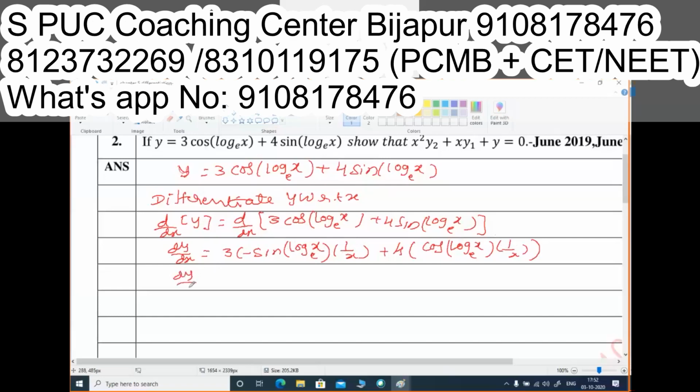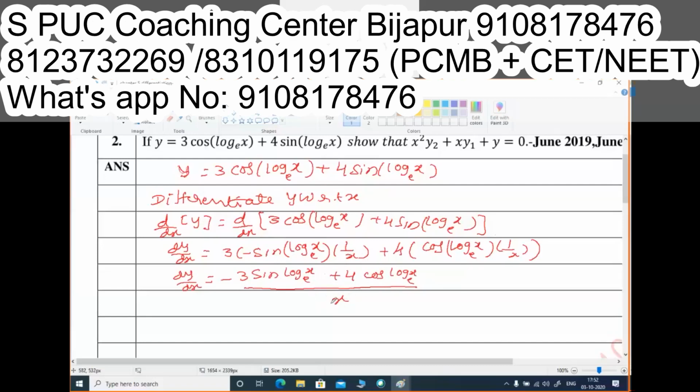Of course, what it is going to come out, you see there. dy by dx equals 1 by x into minus 3 sine log x to the base e plus 4 cos log x to the base e, whole divided by, I am going to write, is it okay to everybody? Because here is also 1 by x, here is also 1 by x, so total denominator term is common as 1 by x.